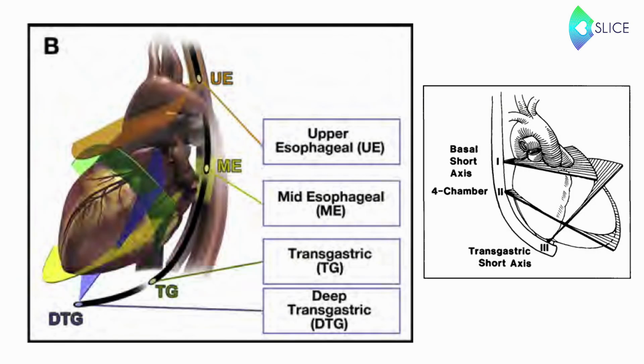There are 4 key levels in the esophagus and stomach for obtaining ultrasound windows: the upper esophageal, mid-esophageal, transgastric, and deep transgastric levels. At each level, the omniplane can be rotated between 0 to 180 degrees, enabling both short axis and long axis imaging planes.